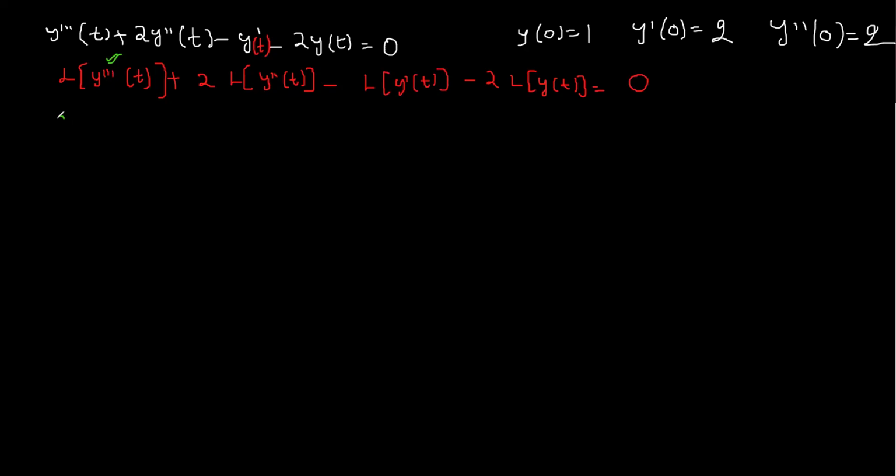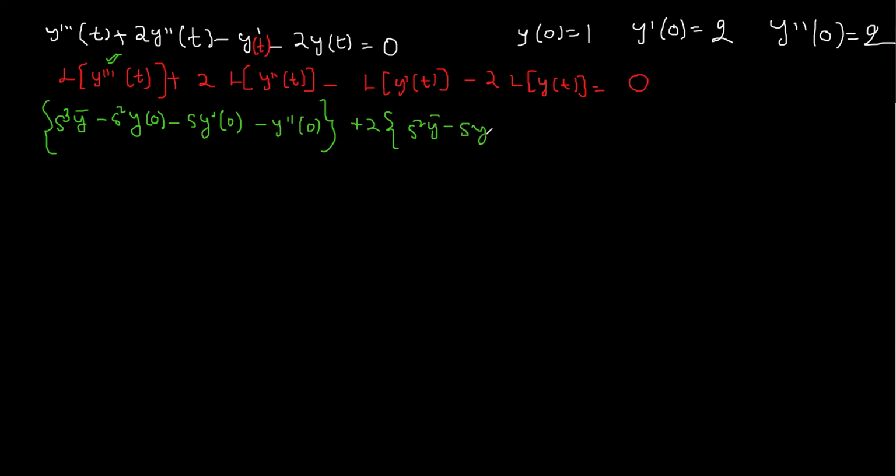For three times, it is s cube y bar, s square y0, s y dash 0, minus y double dash 0. This is the first time. S square y bar, s y0, y dash 0 is equal to 0. Up to here, understood?